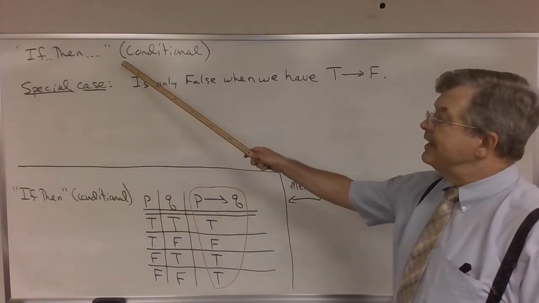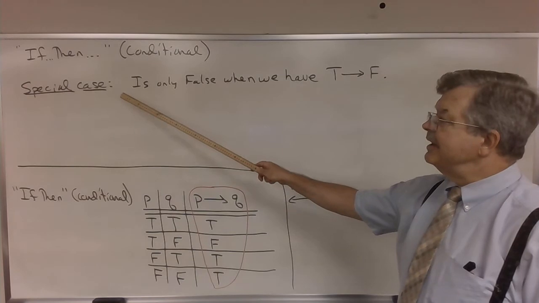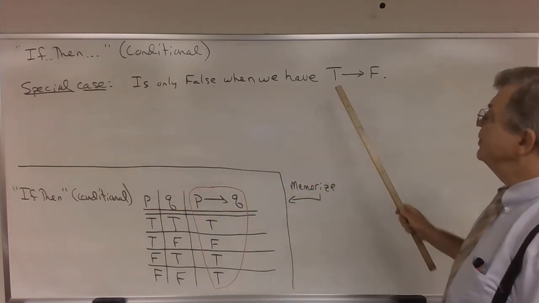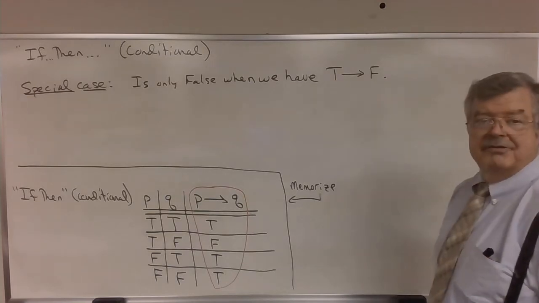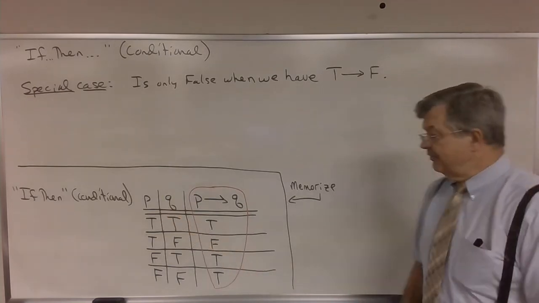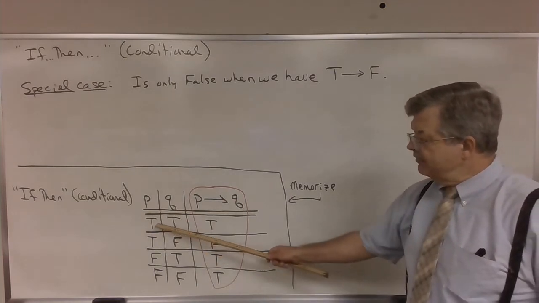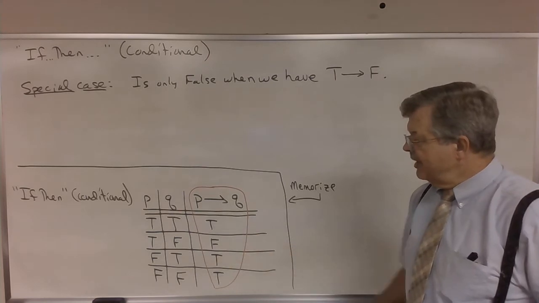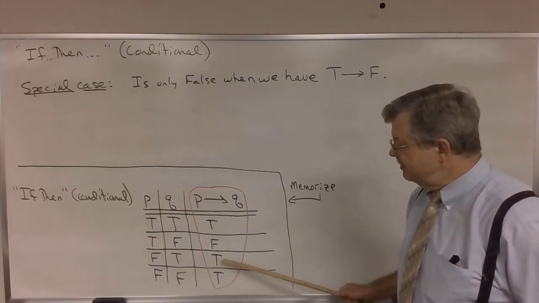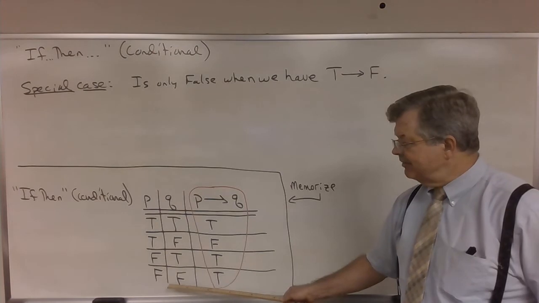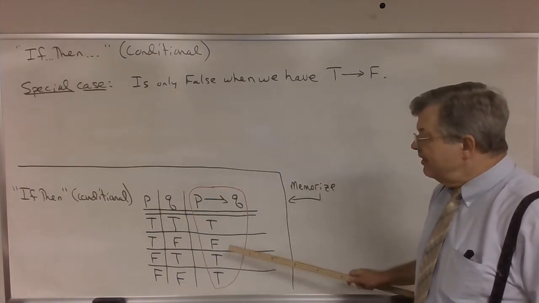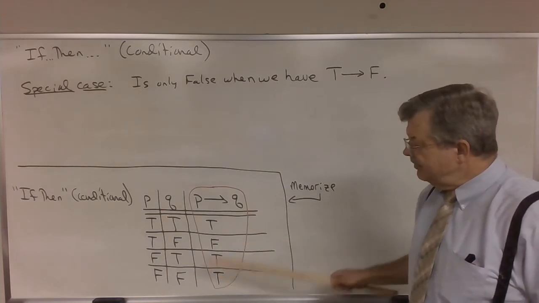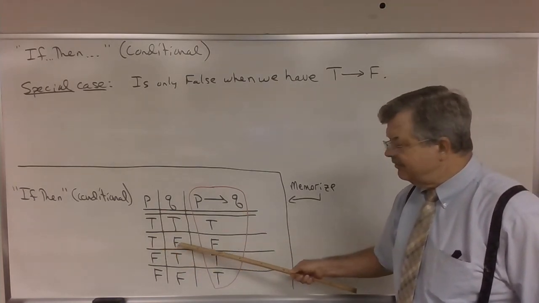And for an if-then statement or conditional statement, here's the special case. It's only false when we have true implies false. All other times it's true. When we have true implies true, it's true. When we have false implies true, it's true. When we have false implies false, it's true. The only time that this statement is false is when we have true implies false.